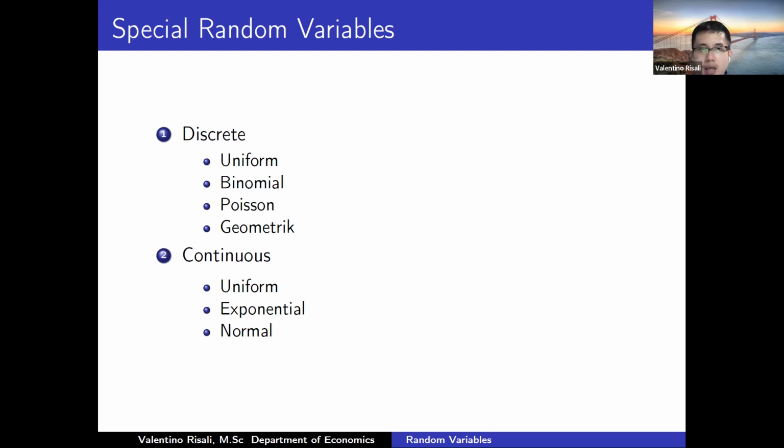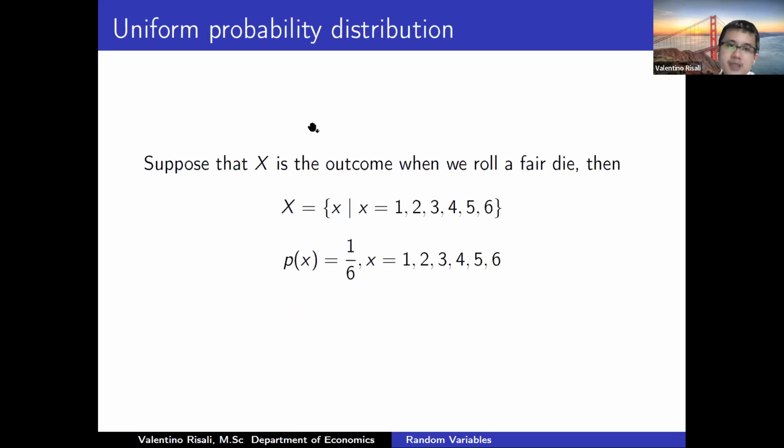Today I will only give a brief introduction about the definition, and for the next meeting we will deal with its expectation, its variance, and we learn about the MGF or moment generating function of these special random variables. So today we only learn about the basic definition.